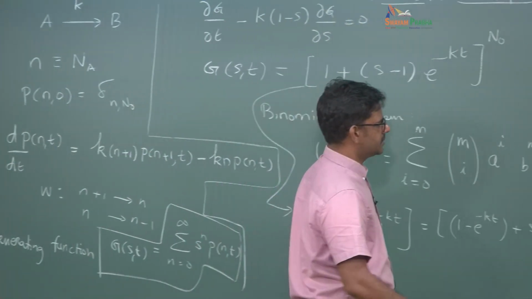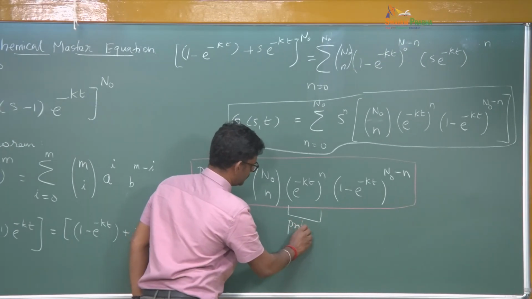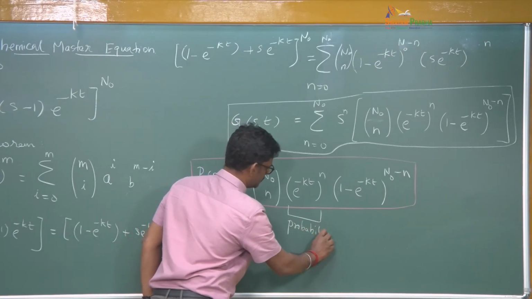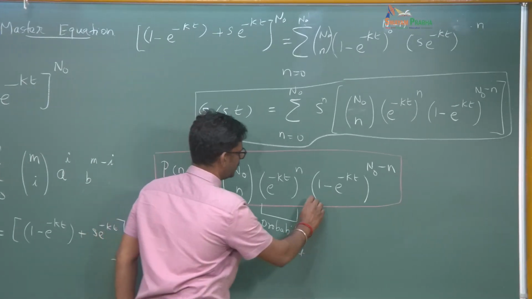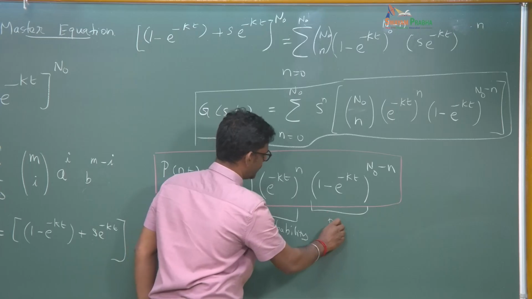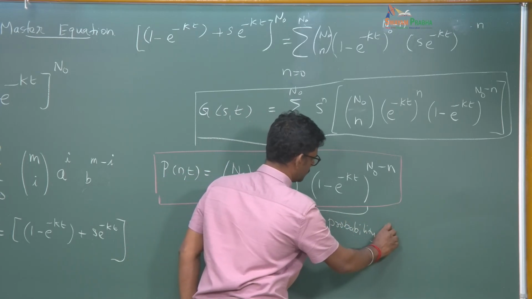In a way, this gives the probability to react, and this gives the probability not to react, for no reaction.